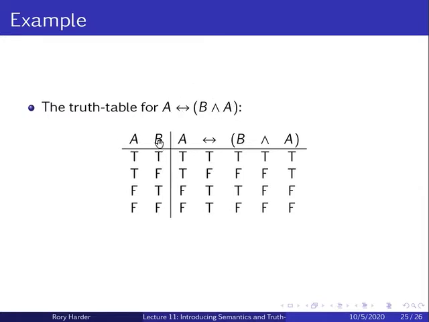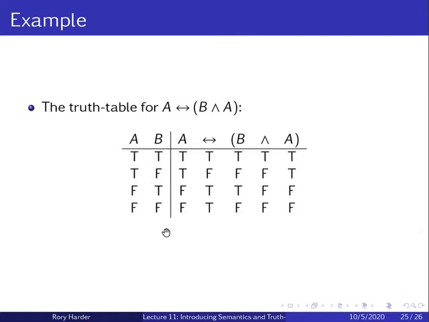So since there are 2 atomic sentences, there are 2 to the power of 2 rows, which is 4. So we start with the rightmost of the atomic sentences and we alternate 4 times between true and false. And then we move to the left and alternate by doing 2 trues and 2 falses.